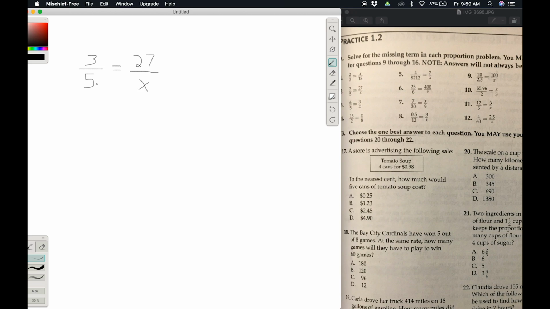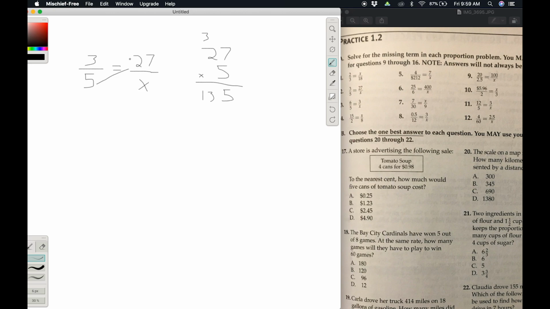So multiply this way. 5 times 27. 7 times 5 is 35. Put this here. So, 2 times 5 is 10, plus 3 is 13, so 135.